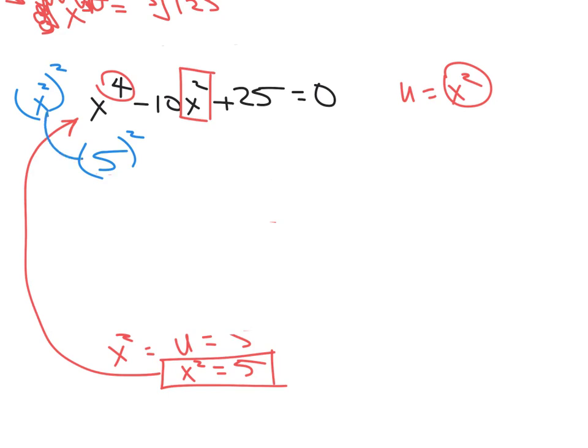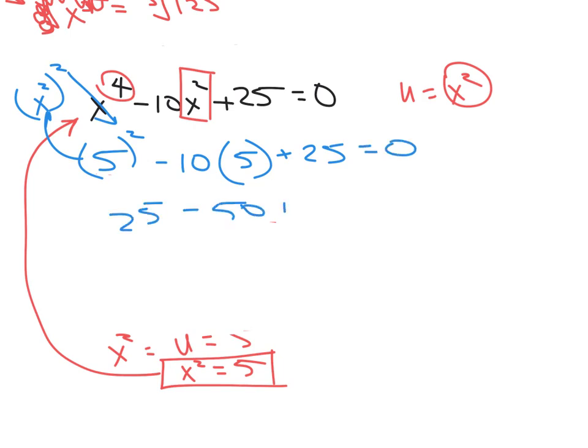So I put a 5 in for that x squared, leaving me with that 2. Minus 10 times x squared, 5. And I get 25 minus 50 plus 25 equals 0. I'm just checking that to make sure that that's a true statement.